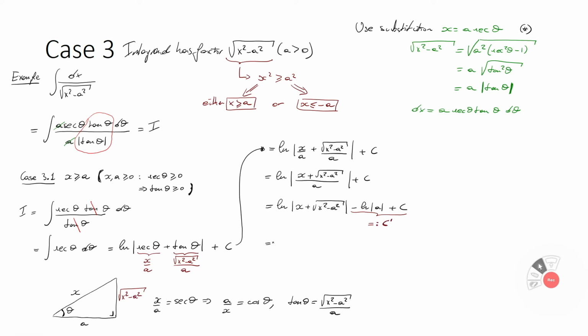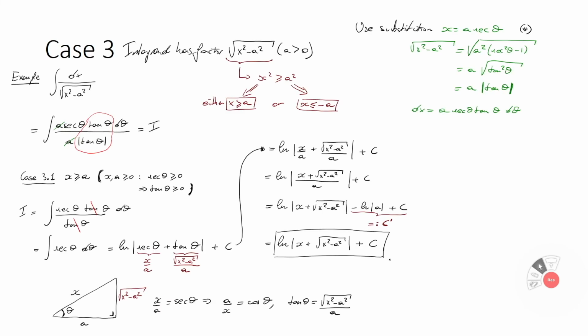So our final answer is ln of x plus the square root of x squared minus a squared, plus that constant. C prime literally, but C prime or C, that's a notational difference. And then that gives us case 3.1.